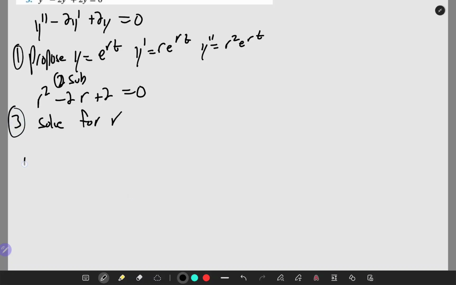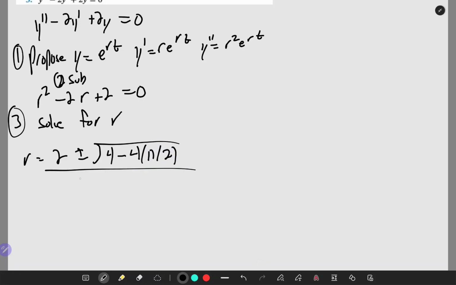So for this one, r is equal to, remember it's negative b, so negative b in this case would be 2, plus or minus the square root of b squared, which is negative 2 squared, which is 4, minus 4 times a, which is 1, times c, which is 2, over 2 times a, which is 2 times 1. This is equal to r, 2 plus or minus the square root of 4 minus 8, negative 4.